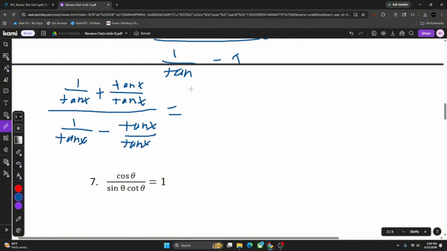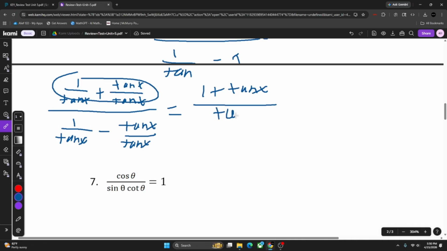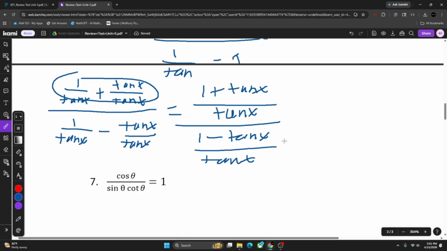And then after, you can combine this. These are like terms, so 1 plus tangent over tangent, and then divided by 1 minus tangent over tangent.